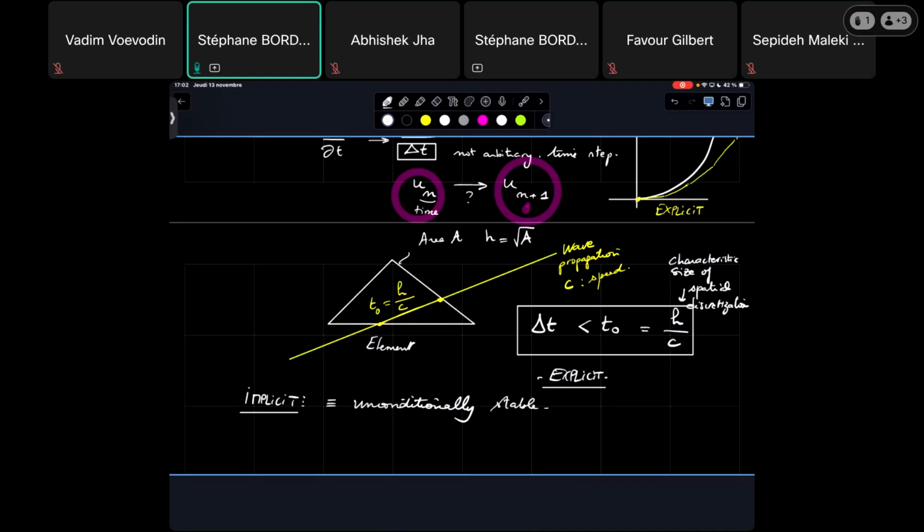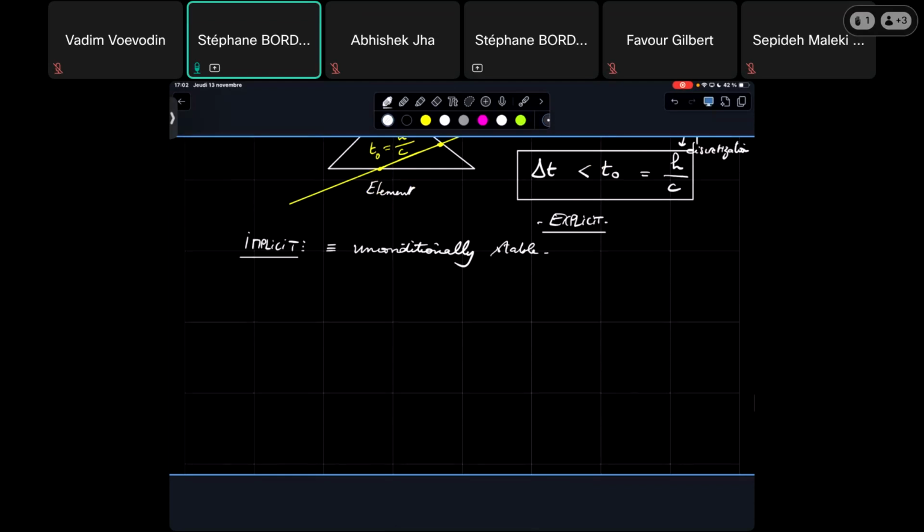Okay, and then examples. What could be examples of hyperbolic equations? Well, acoustics, anything that has waves, electromagnetics.